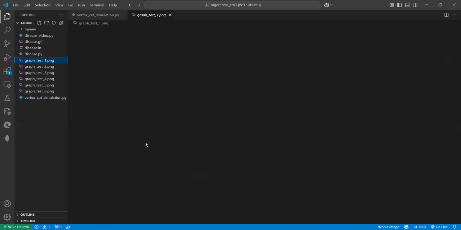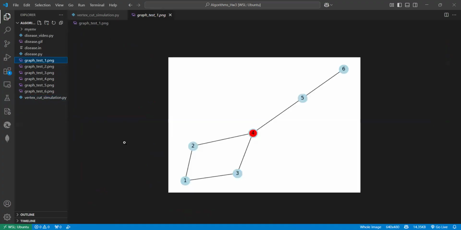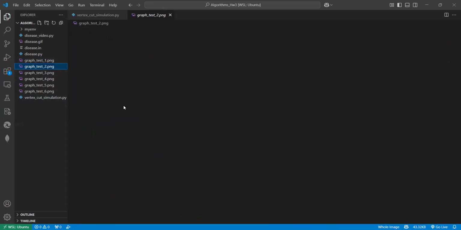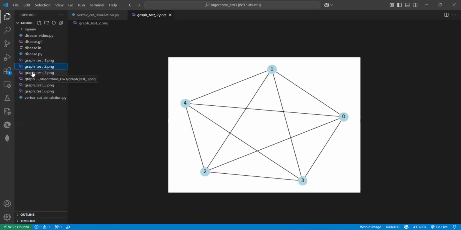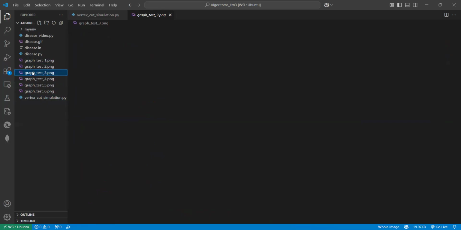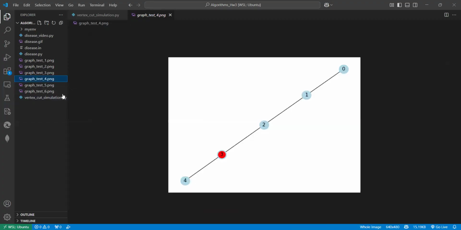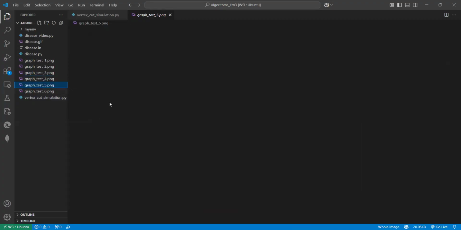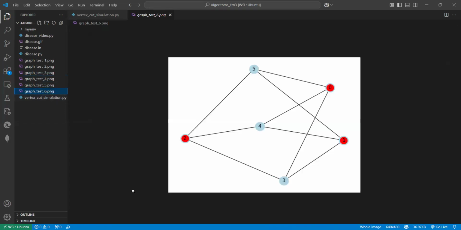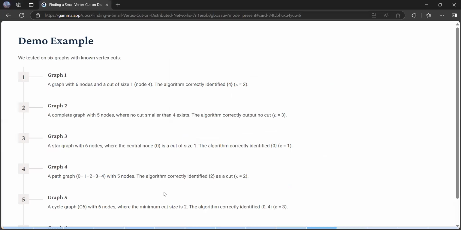We can see that in our cases, the algorithm correctly identified vertex cuts for our graphs, as we can see in these images, or it notified us if such a cut does not exist. The vertex cut nodes are highlighted here in red. Feel free to check the full source file in our repository, which we will attach alongside this report.